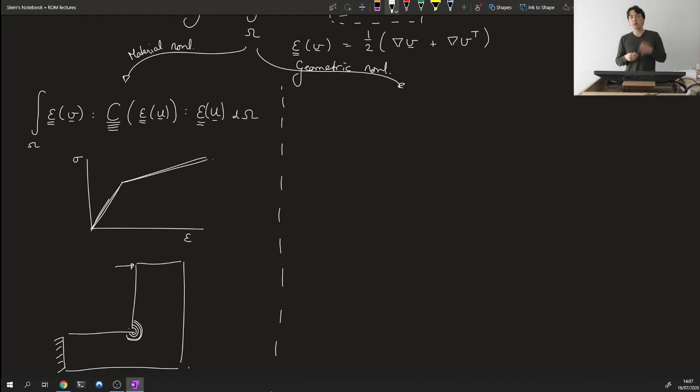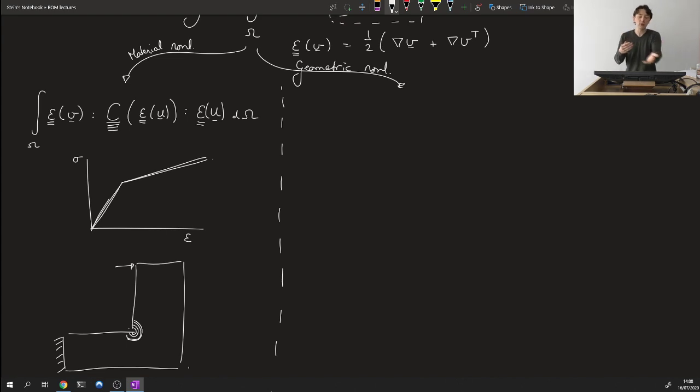From a linear perspective, the only thing that is able to counter that load is the bending stiffness of our string. Well, a string doesn't really have any bending stiffness, so if you were to perform a linear analysis on that, using a finite element method, it would completely overpredict the deformation of the string.